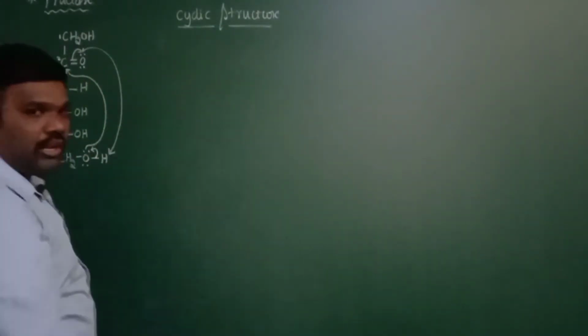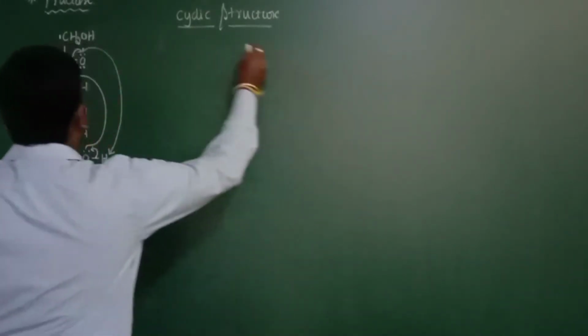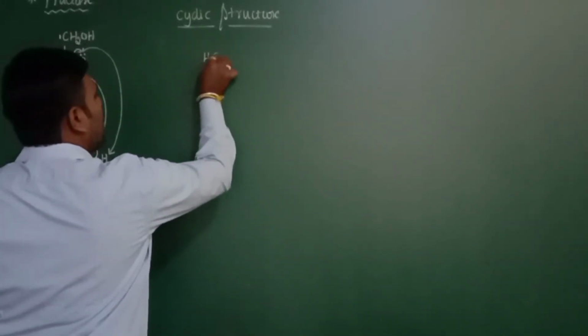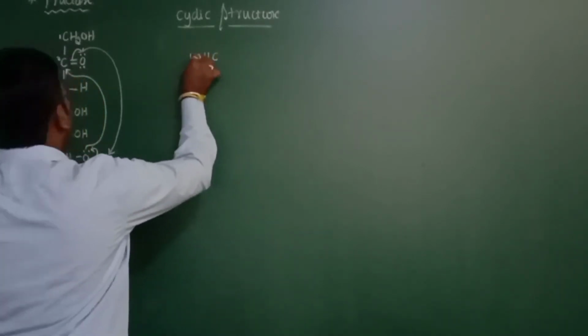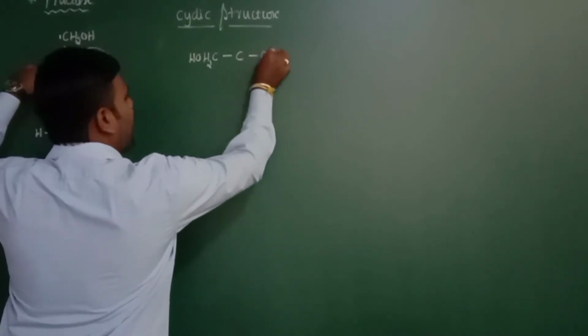First we shall write the alpha form, then the contrary of it, that is the beta form. Here CH2OH is the first position, and at the second position let's write the OH group.